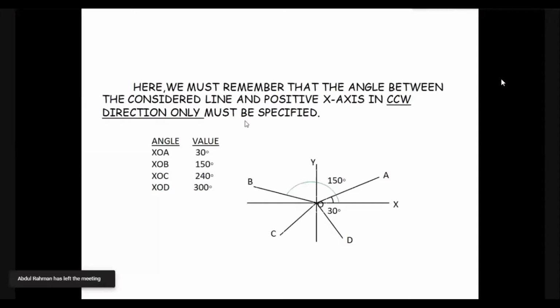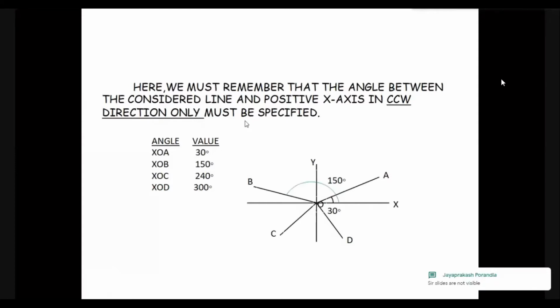must be specified. That means if you wanted to specify OB, then you have to measure the angle from positive x-axis to OB in counterclockwise direction only, and that angle is positive. If you specify the angle of XOB, it becomes 210 degrees. Some of the machining centers will accept only positive values of the angle, and some others will accept negative angles also.